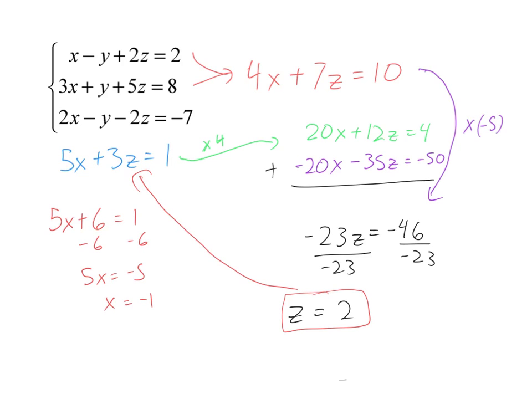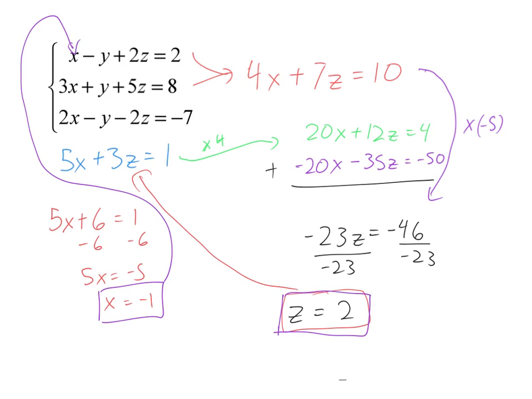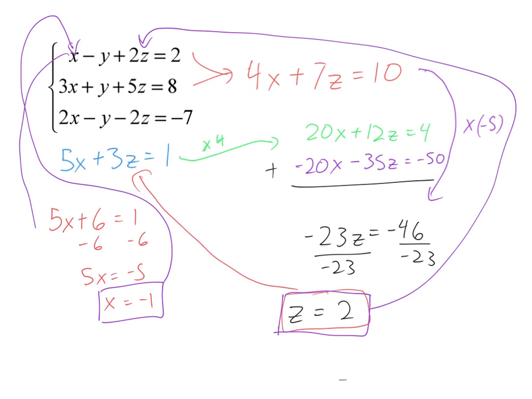Now, what I can do here is now that I have x equals negative 1 and I have z equals 2, I can plug both of these into an original. Since I got rid of y at the very beginning, I got to do it to the original. And what that does is that ends up giving me, down here, sorry, this is like all over the place.